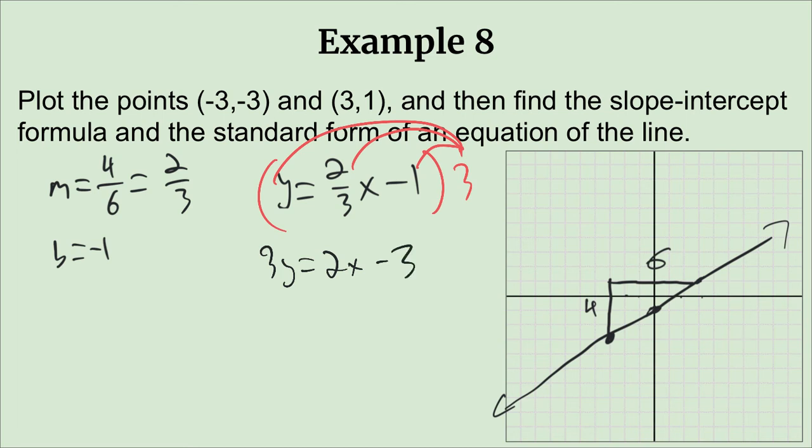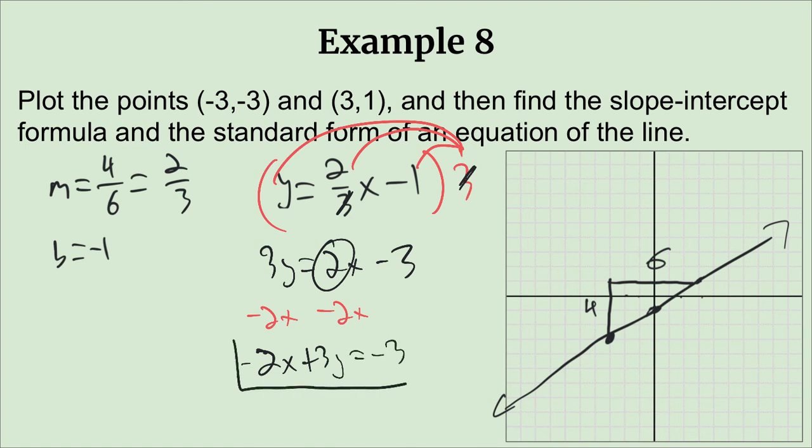Again, that 3 cancels out this 3. So that's why we're left with just a 2 there. And then we subtract 2x from both sides. We got -2x plus 3y equals -3.